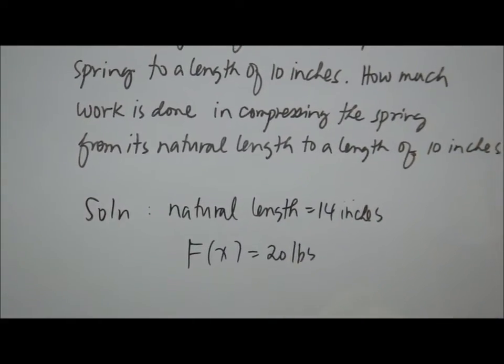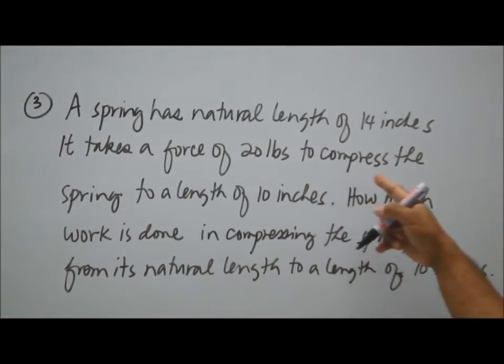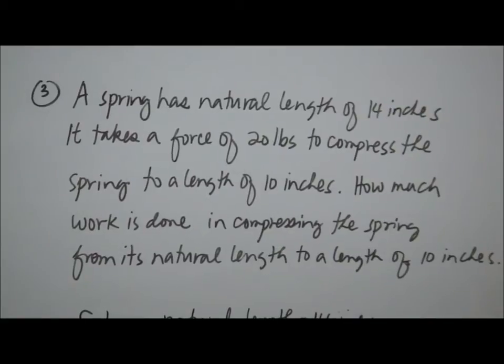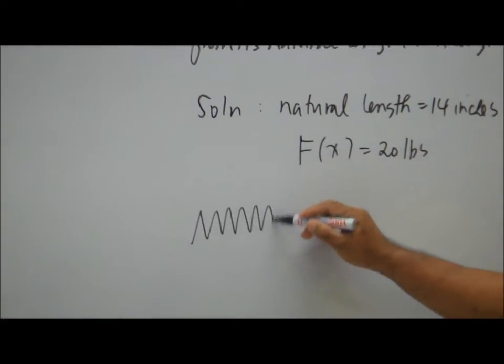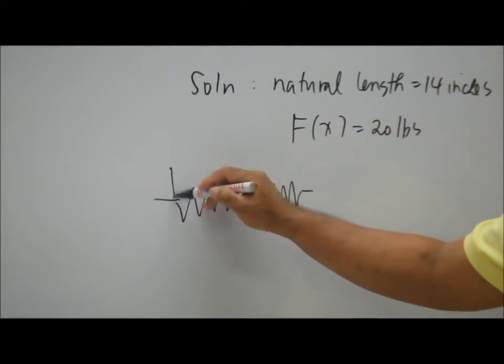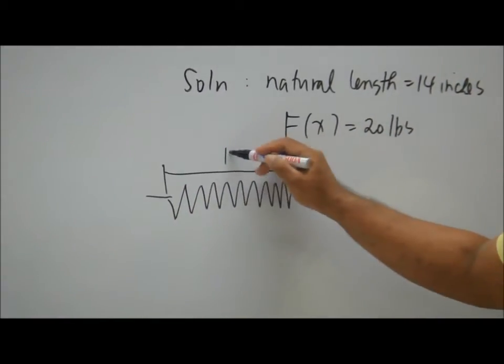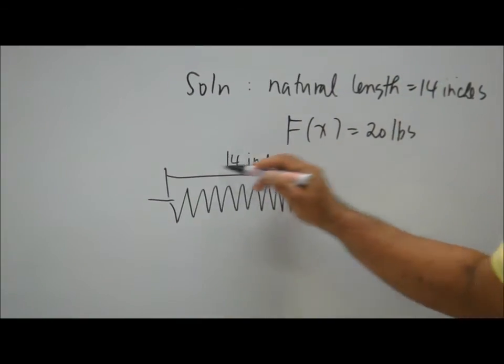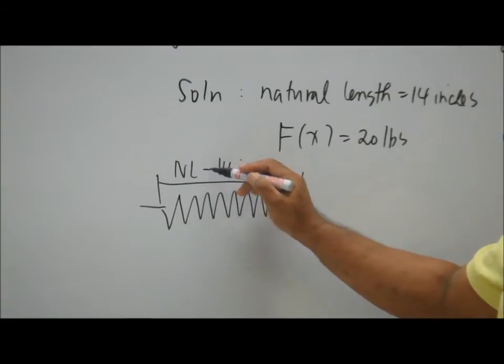Okay, so it takes a force of 20 pounds to compress the spring to a length of 10 inches. So originally, this is the length. Okay, so let us have this as 14 inches. This is the natural length of the spring.